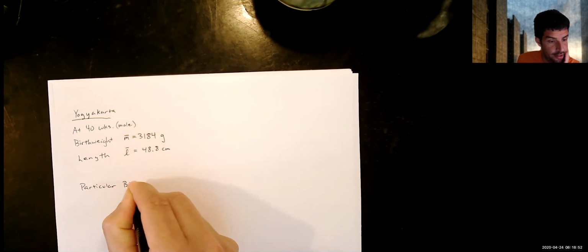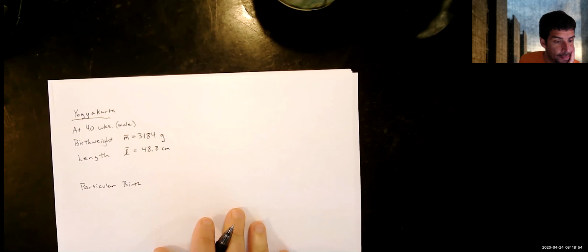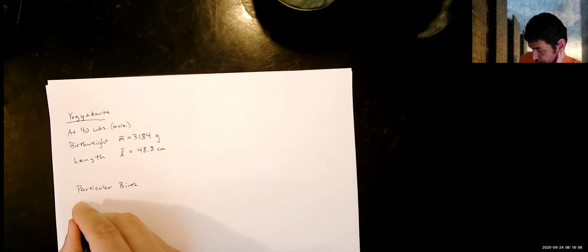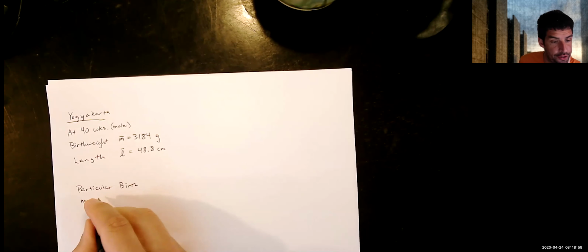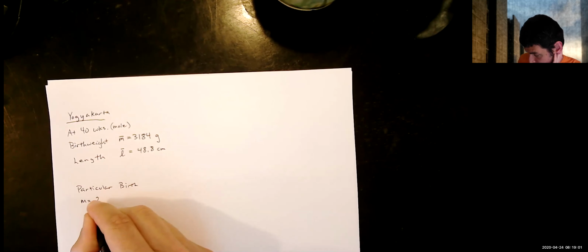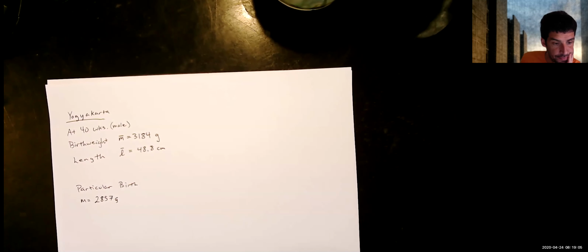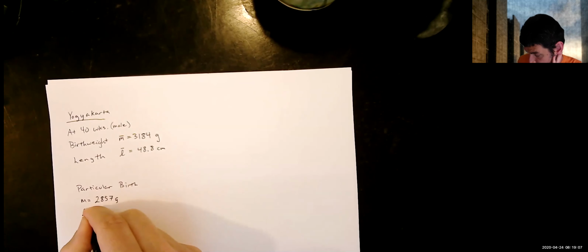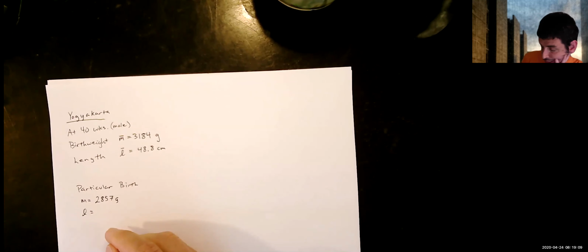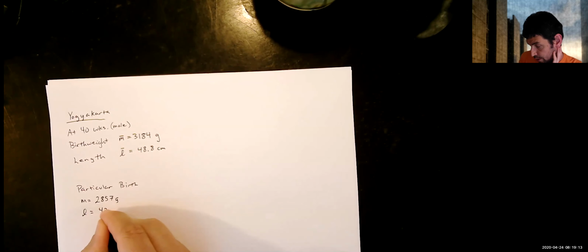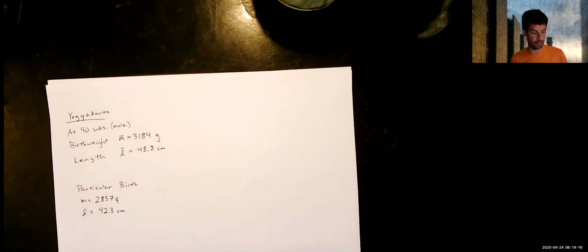Now, suppose a boy is born and we have a birth weight, so a particular boy, a particular birth, we have this birth weight of 2857 grams, and the length of this particular birth is 42.3 centimeters.